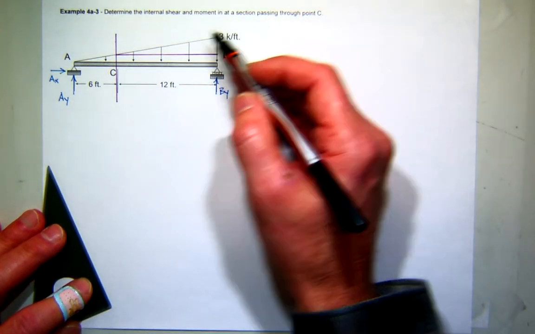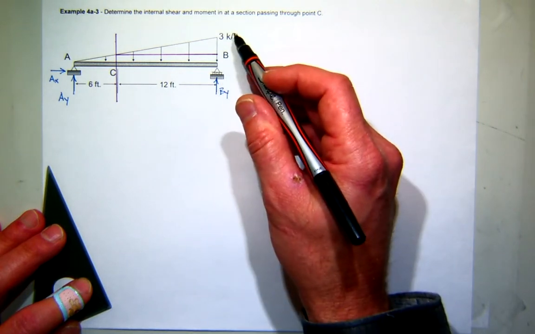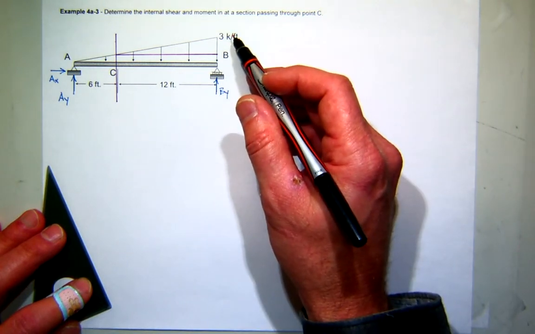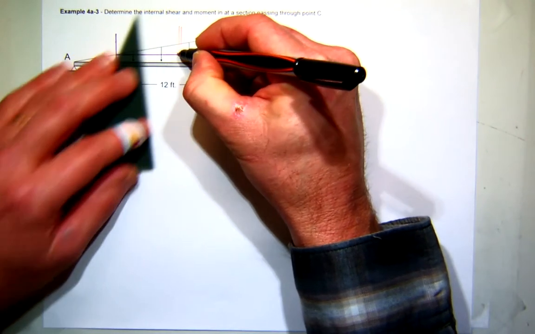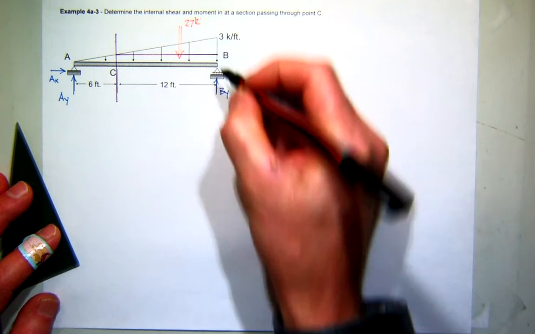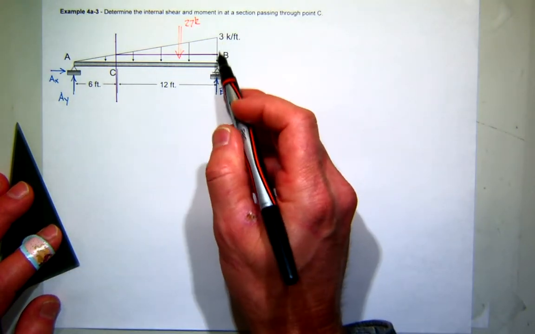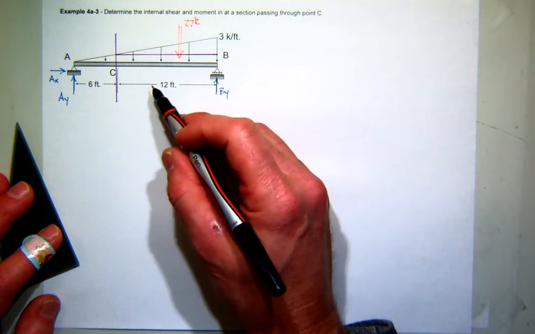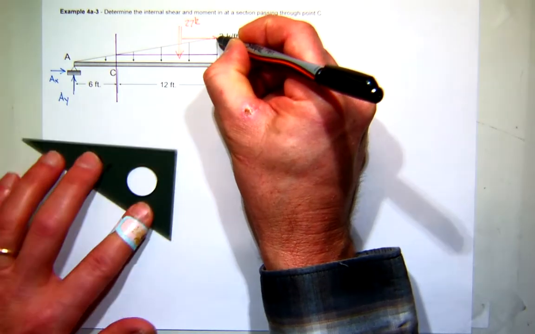I think that's 1/2 times 18 times 3, which is 27. And it's going to act at the centroid of a triangle. And the centroid of a triangle is 1/3 the base from the big end. So 1/3 of 18 is 6.